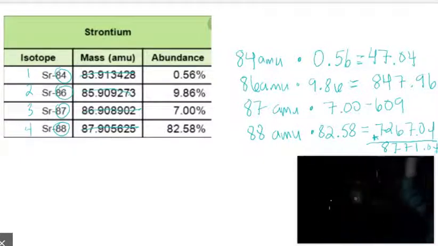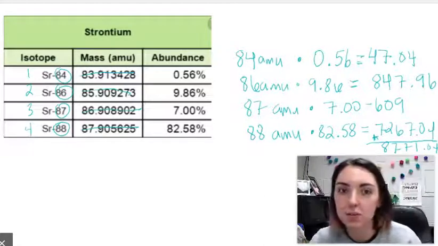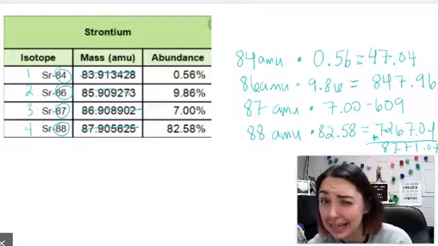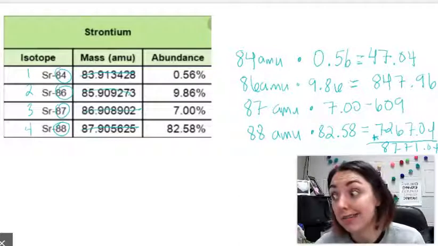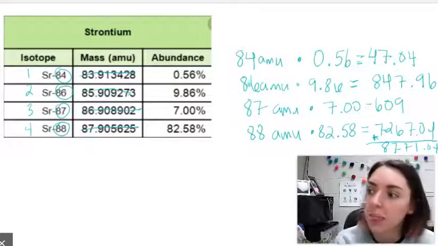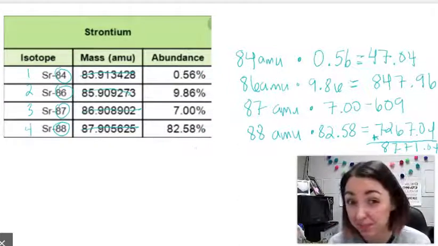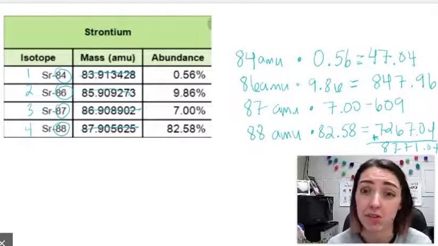We are almost there, but obviously we said our number should be close to 88, and 8,000 is not close to 88. That's because we need to account for the fact that we're using percentages. Remember, percentages are parts of 100, so we actually need to divide those numbers by 100.